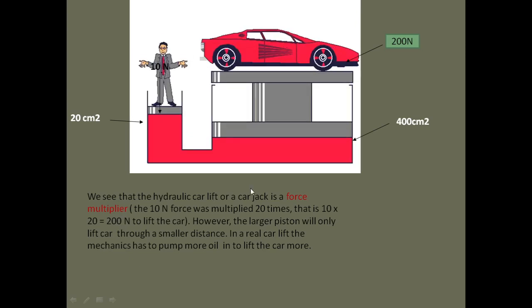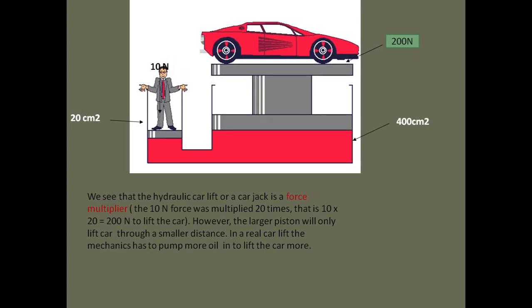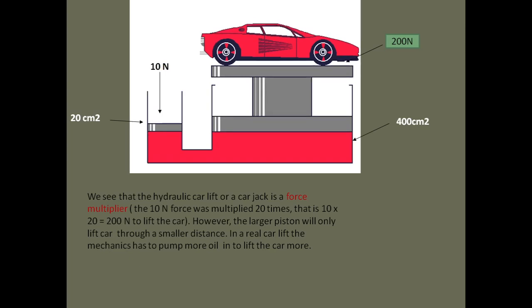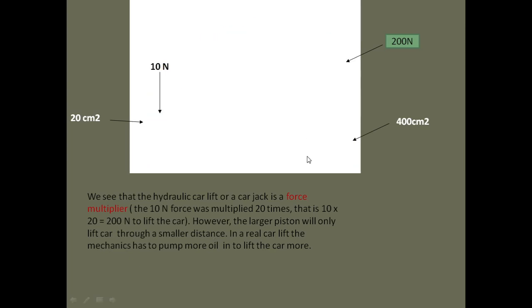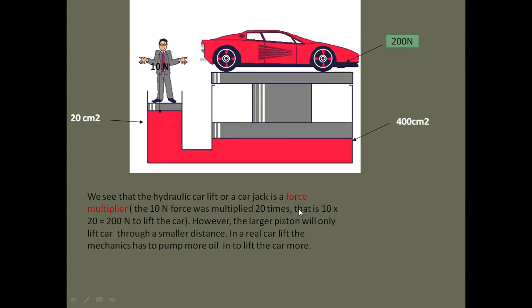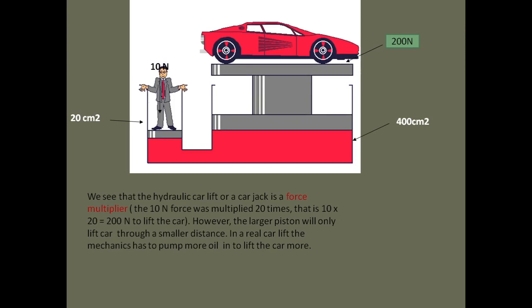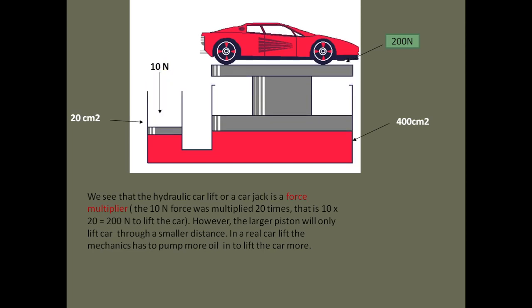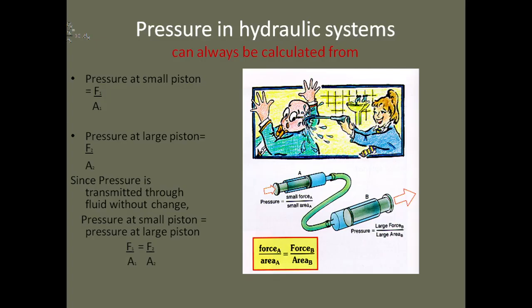However, we need to know that the large piston will only lift the car through a small distance. So in a real case where we use this, the mechanics constantly need to pump oil to take it further. You want to take the car much further, you need to pump more oil into the system. We need to take this as a note.